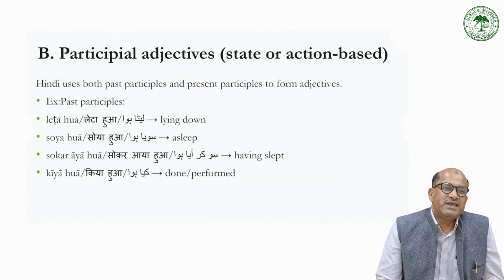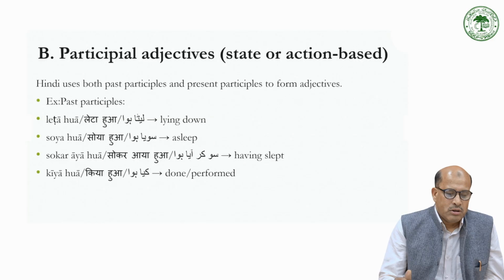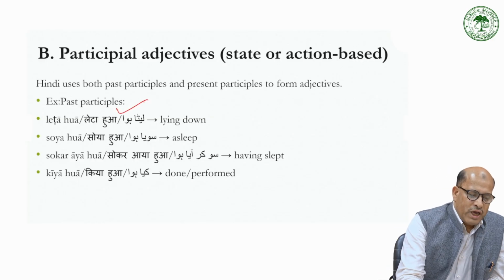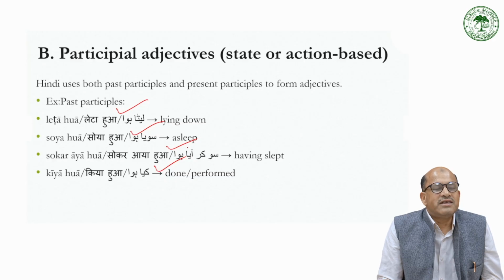Hindi Urdu uses past participles and present participles to form adjectives. If you look at the past participle: leta hua, lying down; सोया हुआ, asleep; सोकर आया हुआ, having slept; किया हुआ, performed, done something.